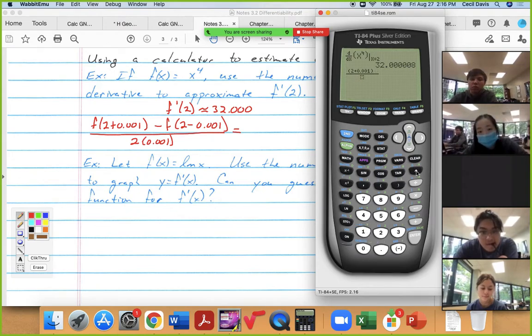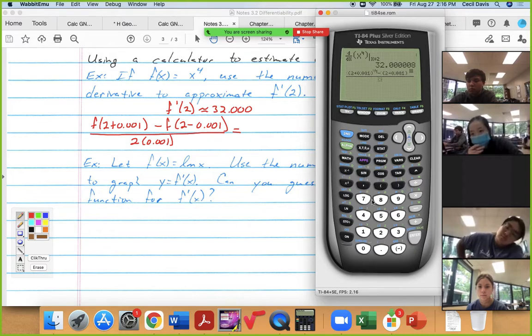And that's going to be cubed, to the 4th rather, minus 2 minus 0.001 raised to the 4th, all over 2 times 0.001.